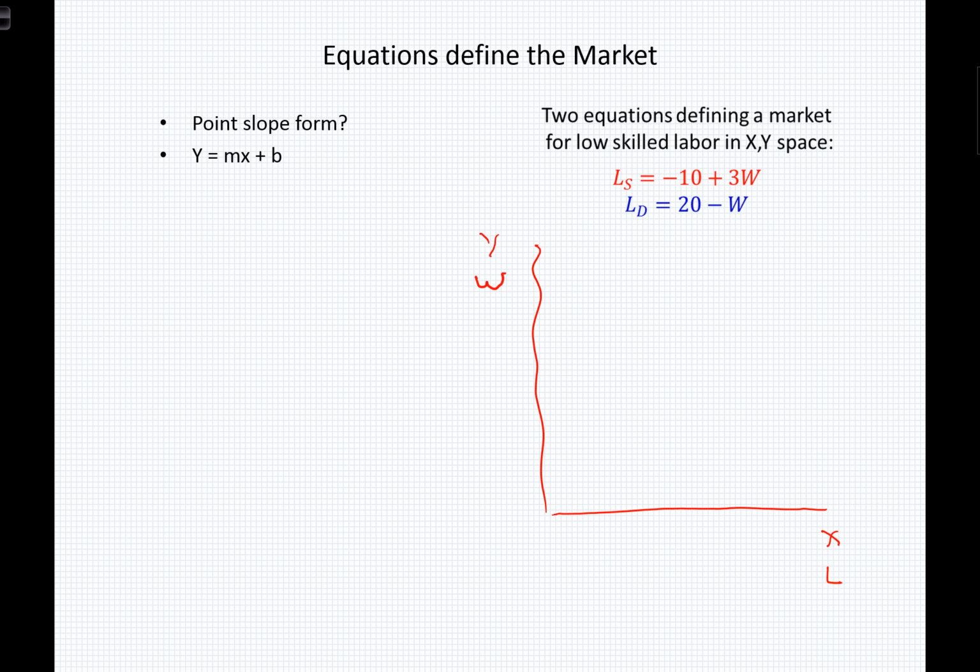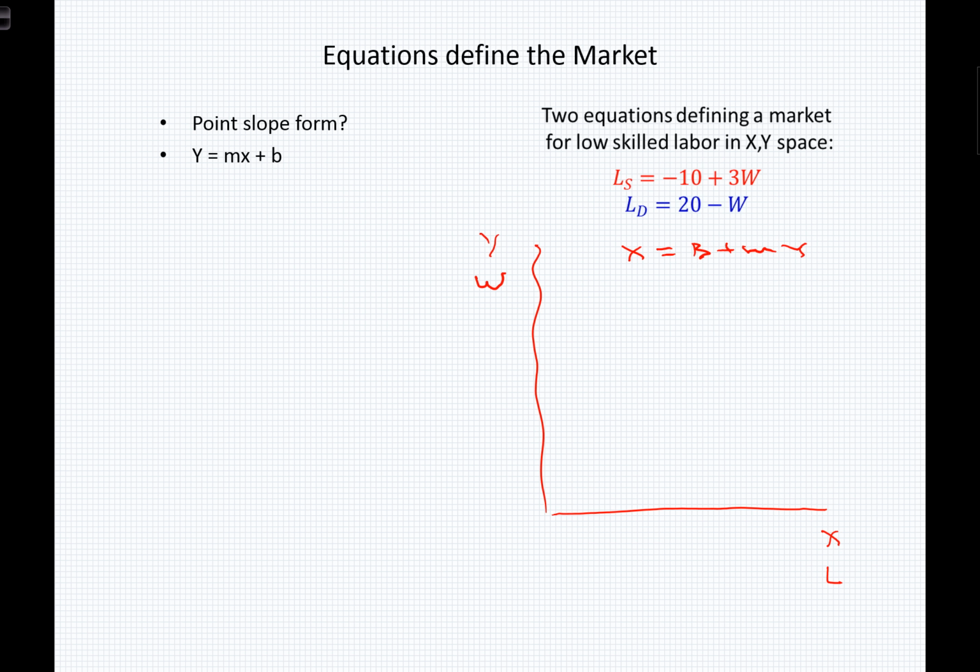So we really don't have y equals mx plus b here. In fact, if anything, we have x equals b plus m of y. And that's not the form that we want. We want to think about this in y equals mx plus b. So how do we think about this in y equals mx plus b?